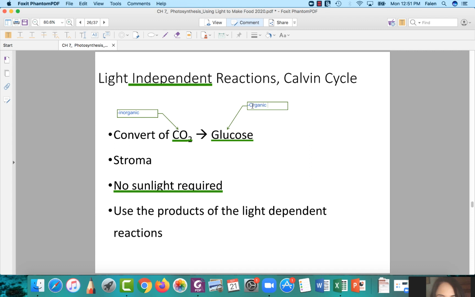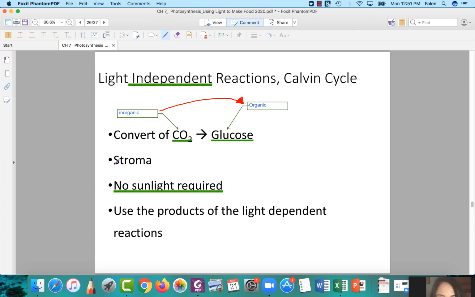All right, so this is quite an amazing phenomenon. Only plants can do this. Only plants, photosynthetic organisms, can take an inorganic compound and turn it into an organic compound. All right, so here we go.